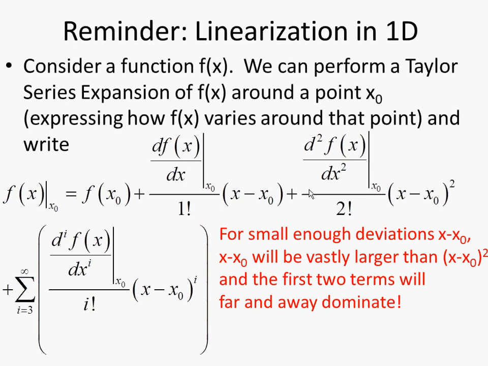If x sub 0 is a fixed point, what term do we have left? What term disappears? What term goes away? What term is 0? This one. It's 0. That's by definition. It's the fixed point of f. Okay, so then all we have left is that term, right? So that was linearization in 1D.